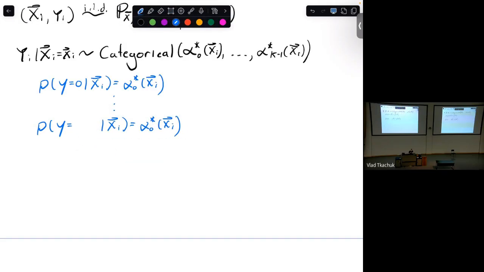If you have k classes, just assign a number describing the probability of each class. And we give this the name categorical distribution. And of course, the other property is that if you take all the classes, class y equal to 0 up to class k minus 1, each one of these probabilities should sum to 1.